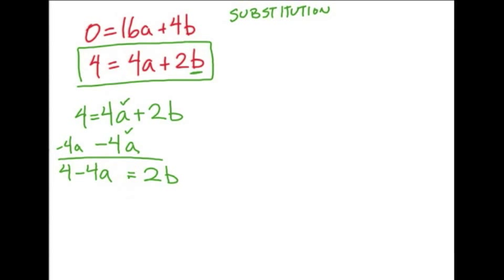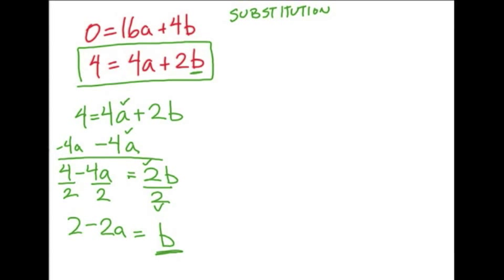And I will divide by 2. B equals 2 minus 2a. So I got the variable b by itself.